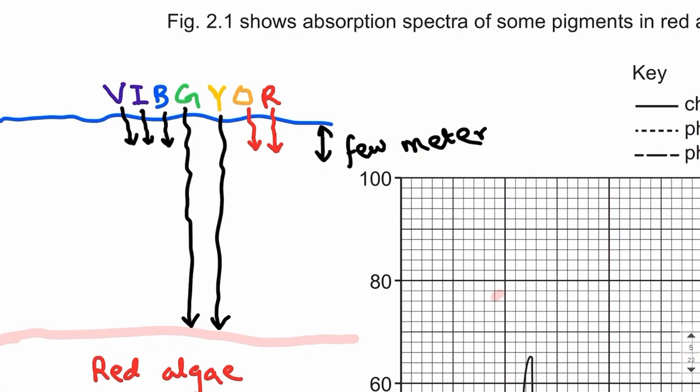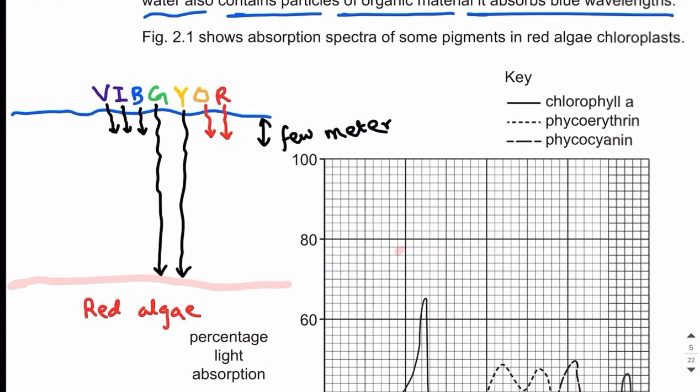So the red algae must absorb these lights to carry out photosynthesis, right? And the pigments present should be such a way that they absorb green and yellow lights maximally, right?